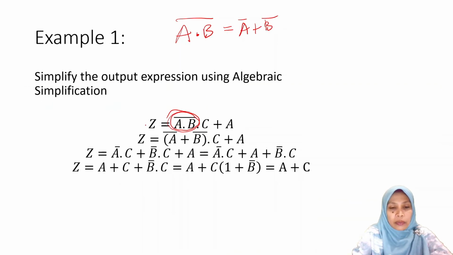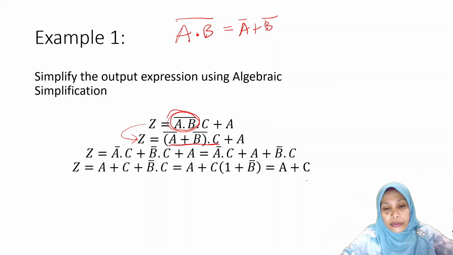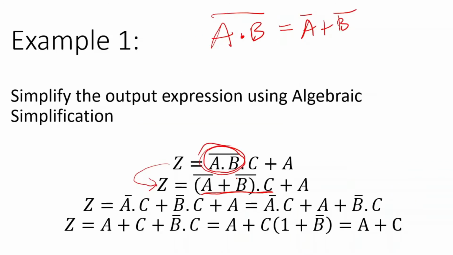Because of that, we can write the equation like this. After that, we have the AND operation with the equation in the bracket, so we need to expand the equation. It becomes A bar multiplied with C and B bar multiplied with C. And then we get this equation: A bar dot C plus B bar dot C plus A.